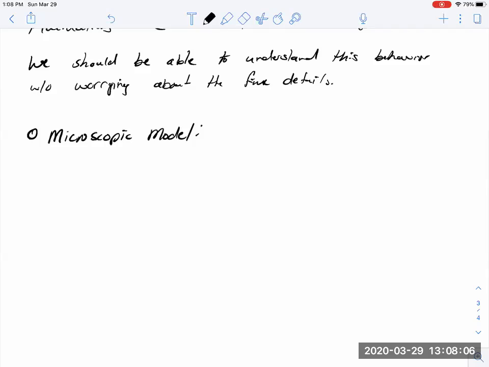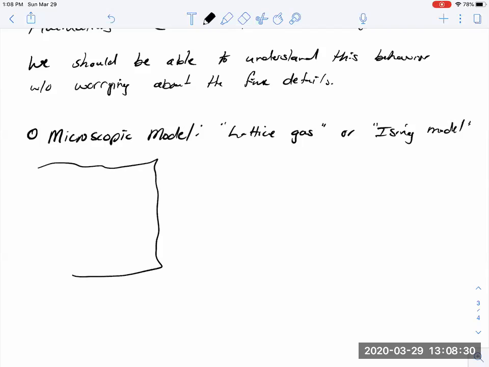So this model is known either as the lattice gas, or from the person who invented it, the so-called Ising model. And it contains really the bare essentials for understanding something like a liquid-vapor transition.